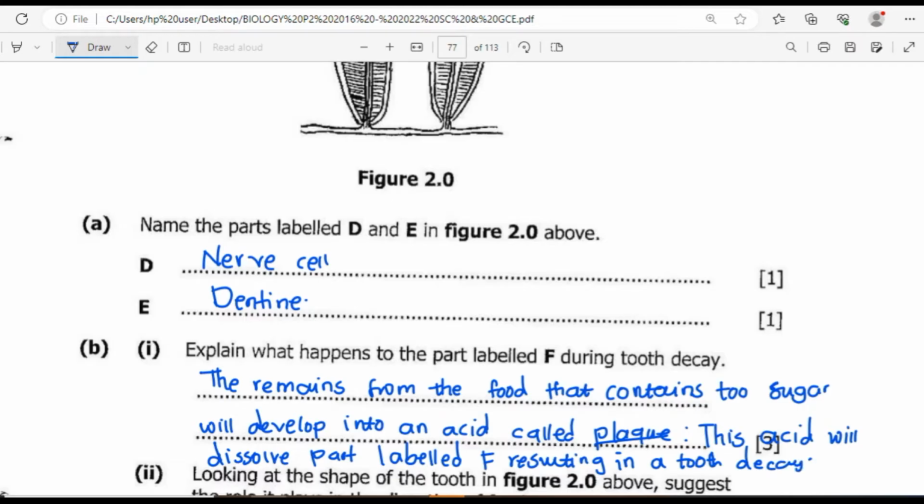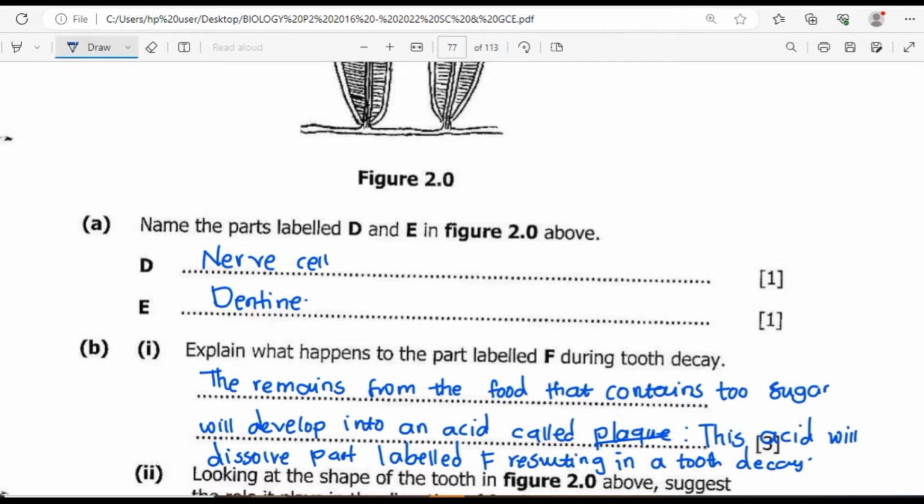So the other thing, tooth decay is sometimes also called dental decay or dental caries. So that is the other name. This is just the condition where the enamel of the teeth is dissolved or corroded by organic acid produced by the fermentation of sugars by bacteria in the mouth, forming cavities in the teeth.